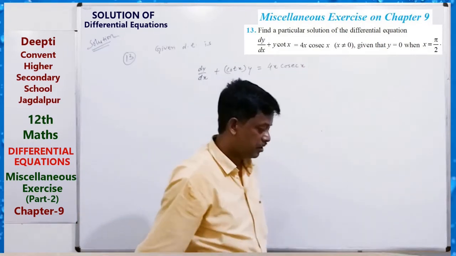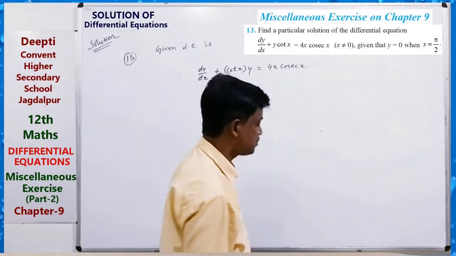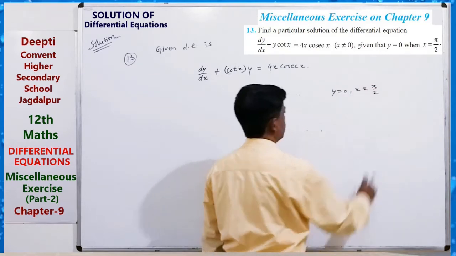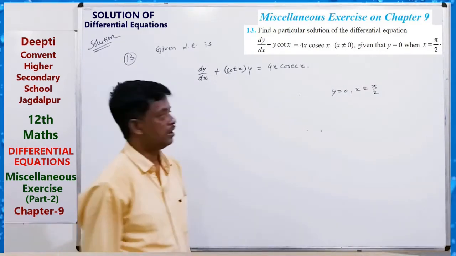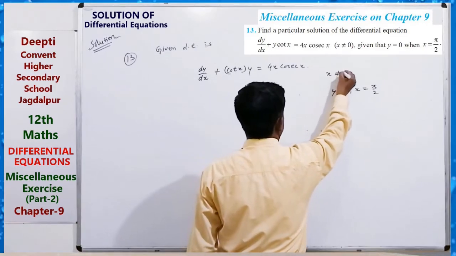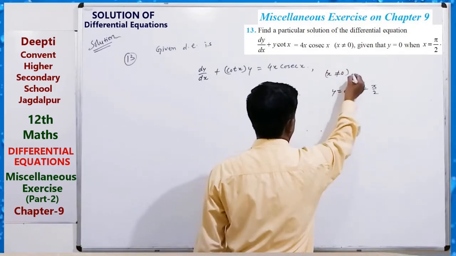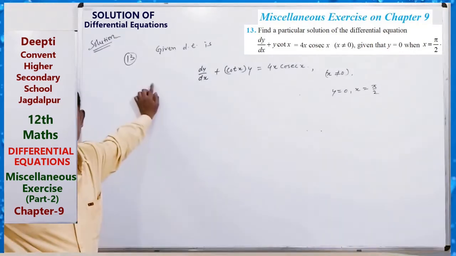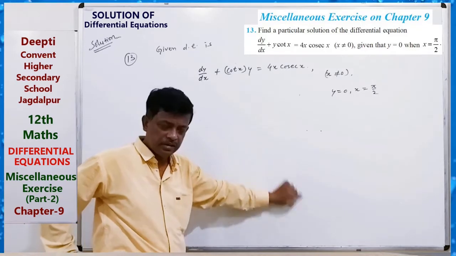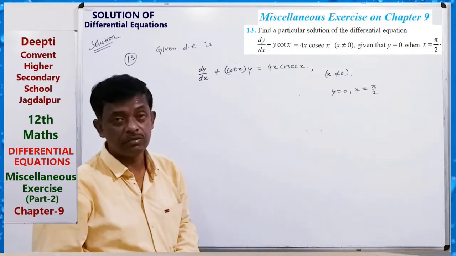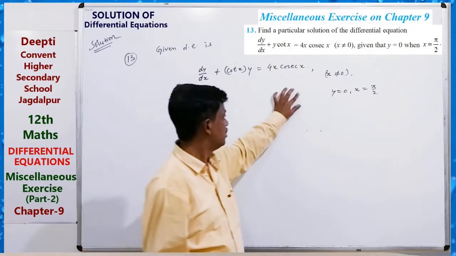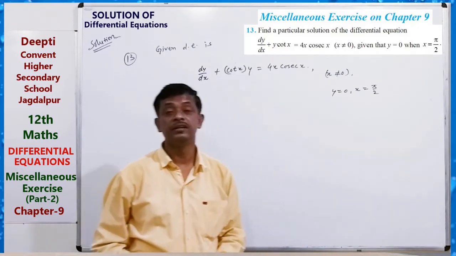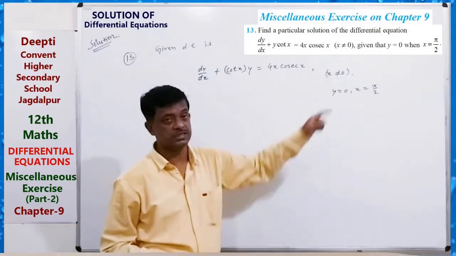This is given, and the condition is given: y equals 0 at x equals pi by 2, and x is not equal to 0. We have to find the particular solution. That means first of all we have to find the general solution, which will contain an arbitrary constant, and after finding the general solution we find the value of the constant by using this condition.